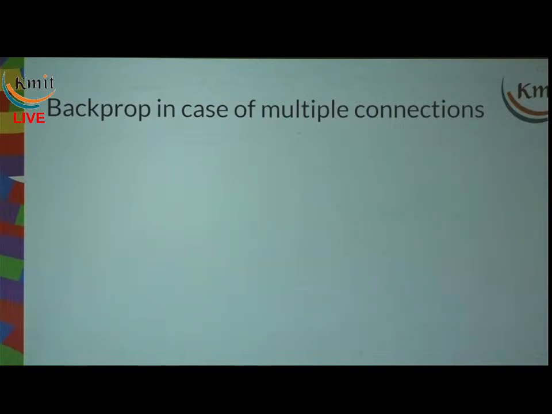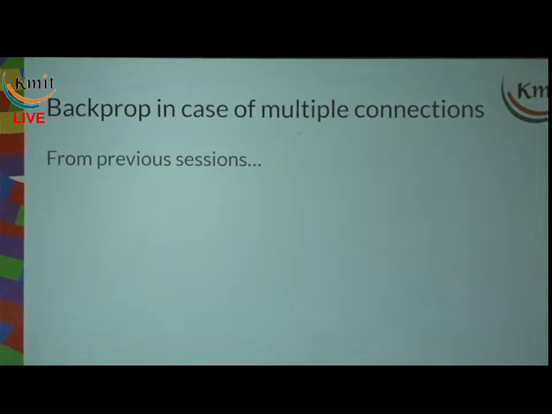There is a D, then A has a connection to C, and A has a connection to D. I'll show it to you with the help of visualization, but just to complete the theory: what if the A node has two outgoing connections? Then what will happen to the gradient? Is it the last one which gets replaced? How should we manage those gradients? We'll understand that in depth with the help of examples and visualization.